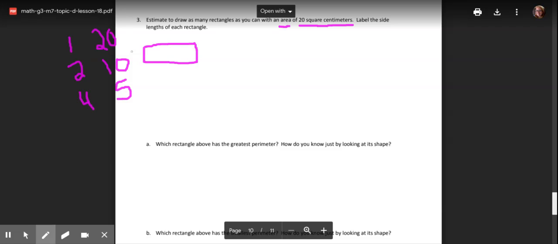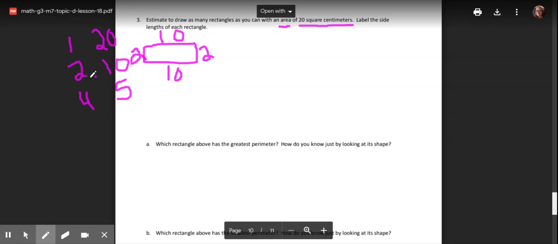This is not a very big area, so I'm going to draw them a little bit smaller than I probably would on some grid paper. My short side is 2, and my long side is 10. And 2 and 10, because I like to label all the sides.